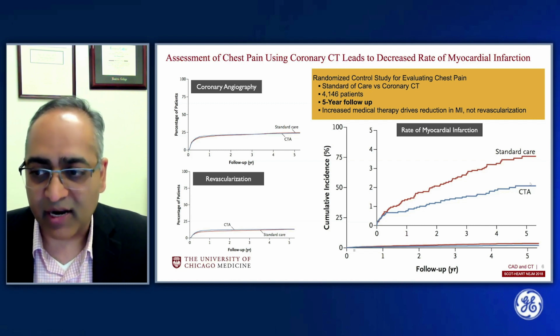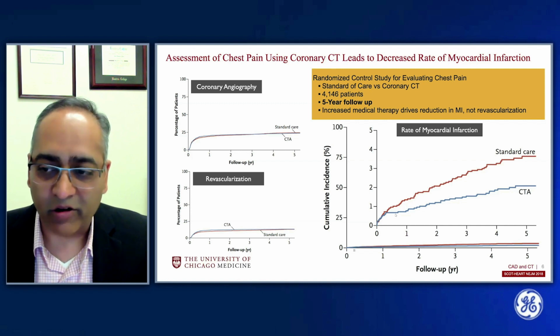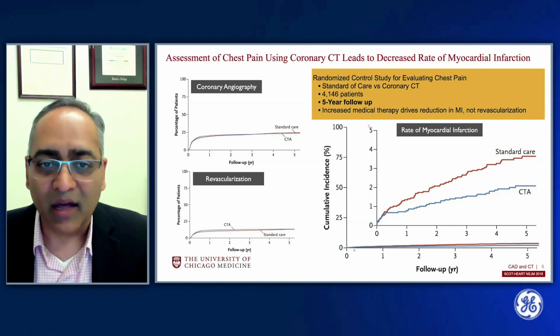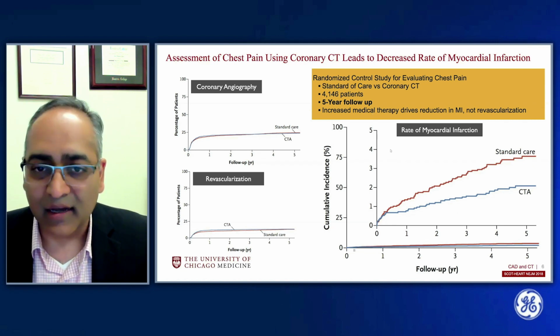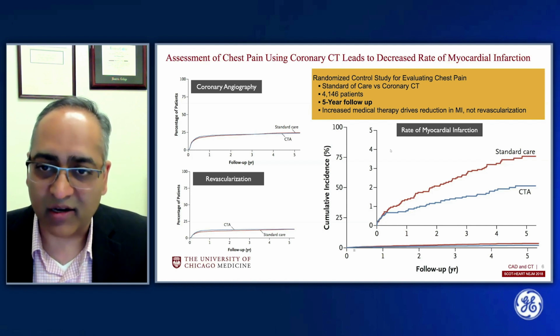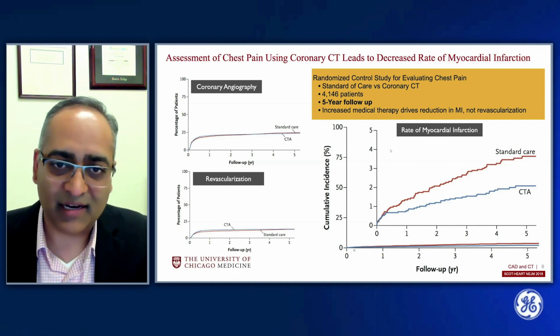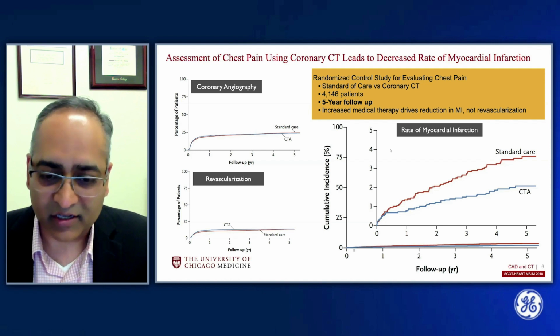However, those patients randomized to coronary CTA had a lower rate of myocardial infarction relative to those patients randomized to the standard of care arm. This difference is believed to be driven by the increased use of medical therapy in the coronary CTA arm due to the detection of non-obstructive plaques that would not be detected by a stress test.